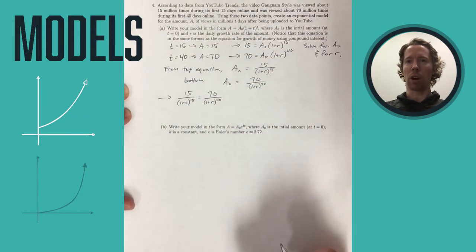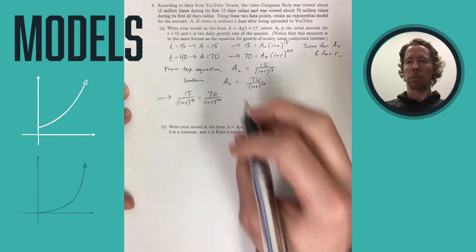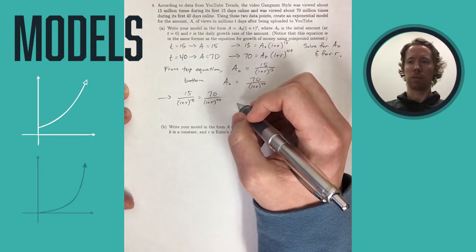And you can solve for r by first getting rid of the denominators. So I'm going to first multiply both sides of the equation by 1 plus r to the 40th.